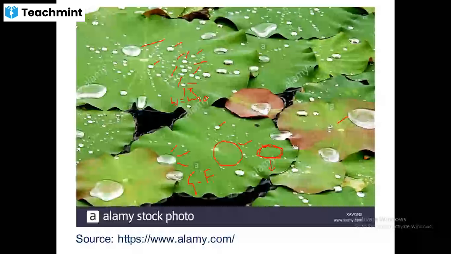Here m is very small for this drop, whereas m is very large for this drop. So the lesser the mass, the lesser the weight, the lesser the gravitational force. Therefore the gravitational force is negligible, and they occupy a perfect spherical shape. Whereas because of the large mass here, they are also acted upon by the gravitational force. Therefore, this spherical shape becomes a flattened one.